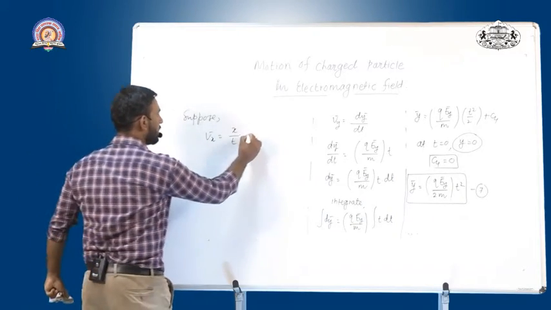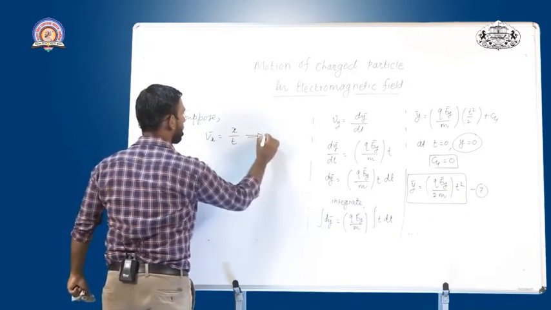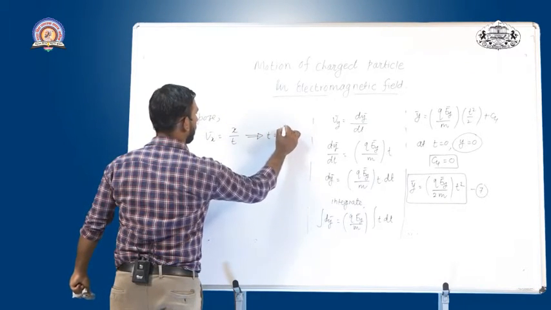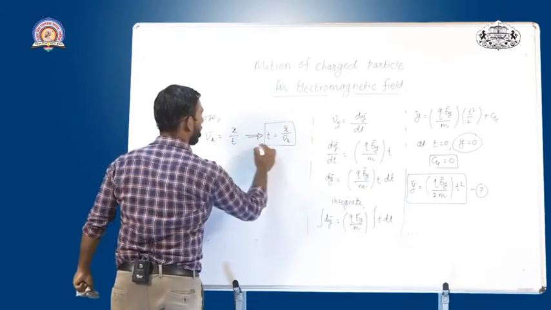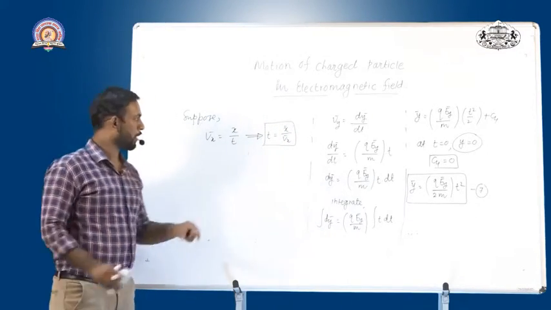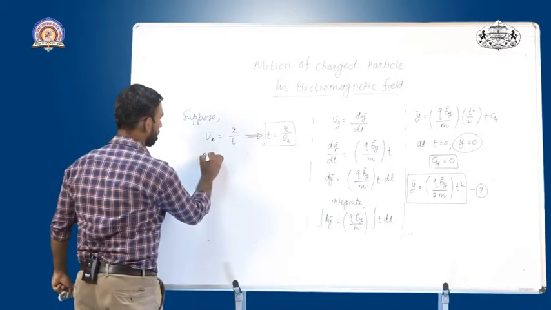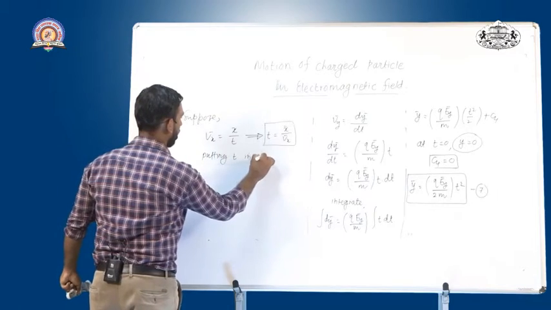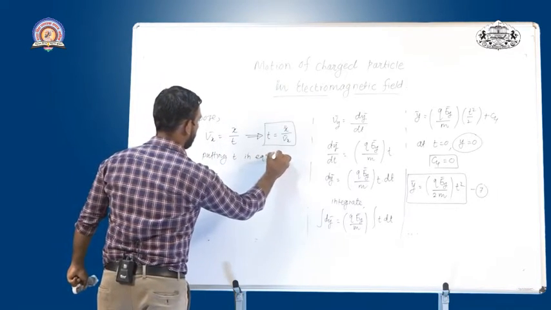So I just write t in terms of this V_x: t is equal to x upon V_x. I just put the value of t in equation number 7. What do you get?